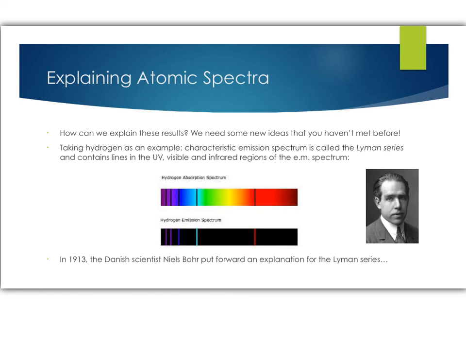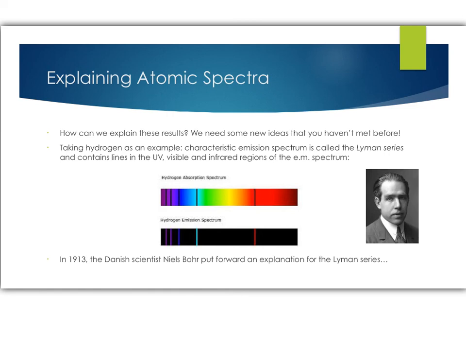As we said, the emission spectrum for any element is absolutely characteristic of that element, and this is the emission spectrum of hydrogen, which is sometimes called the Lyman series after the scientist who first observed it. Now in actual fact the Lyman series contains lines in the UV, visible and infrared regions of the electromagnetic spectrum, but we are just looking at the visible part of the Lyman series. These 5 lines are absolutely characteristic of hydrogen.